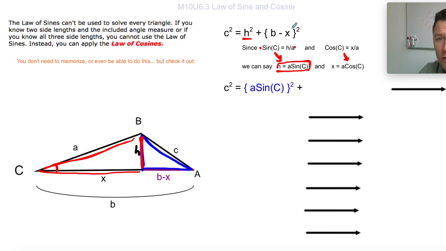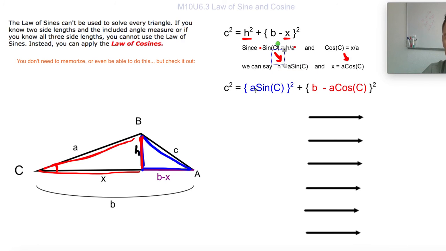Well, we're going to do the same thing for X, right? Now this one's going to get ugly because X is equal to A cosine of C, and we're putting this in place of X, but B's still hanging out there, so it looks like this. Oh man, that's awful, right? Great, it's going to keep getting worse.